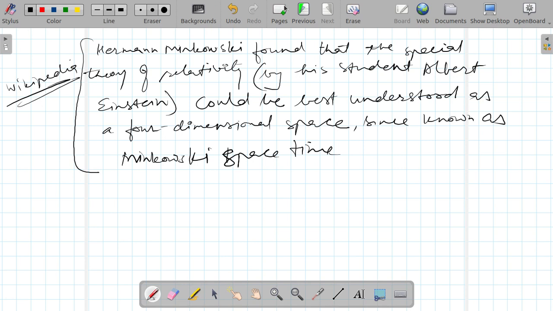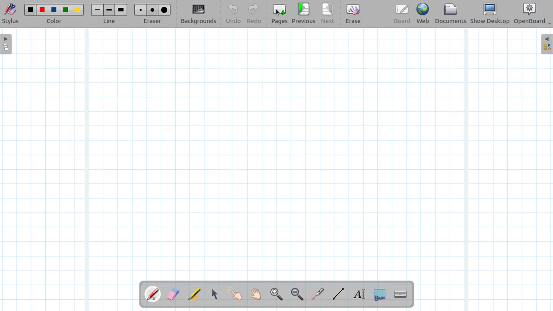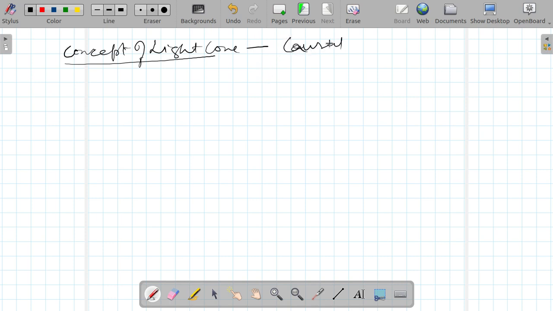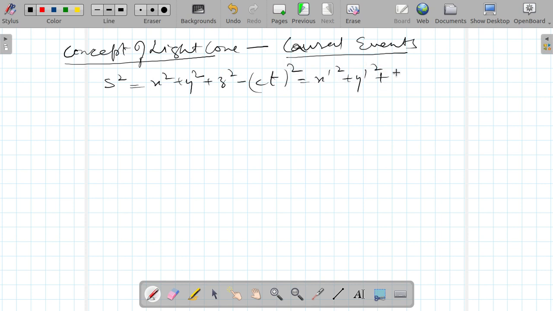Now let us talk briefly about the idea of light cone. So to develop the concept of light cone and causal events, let us again consider the equation that an interval x square plus y square plus z square minus ct square must be equal to x prime square plus y prime square plus z prime square minus ct prime whole square.